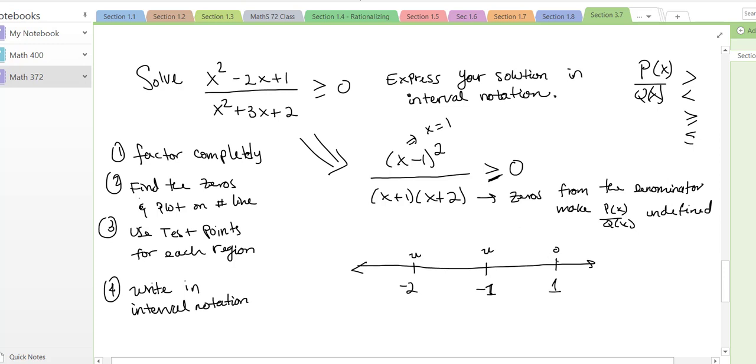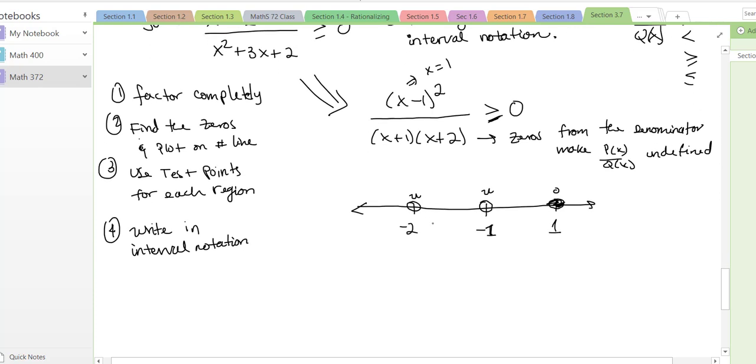The reason I do the 0 and the u is it helps me decide which ones to include. I'm definitely going to include that one because it can be 0. Those make the denominator 0, which makes the whole expression undefined, so I don't want to include them. Those circles are going to stay open.